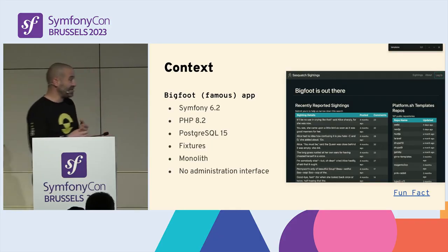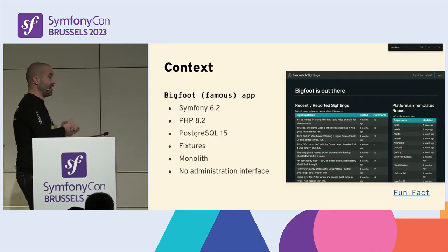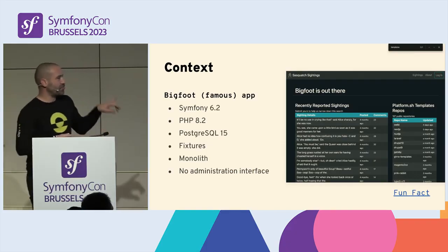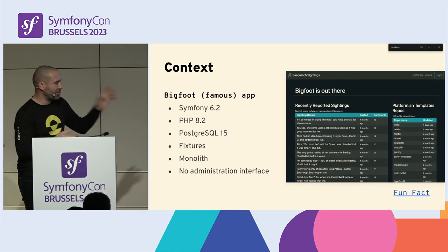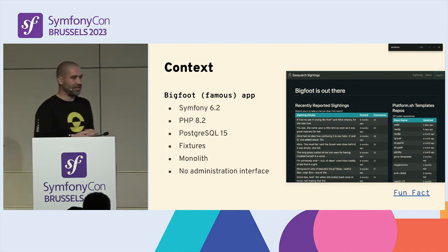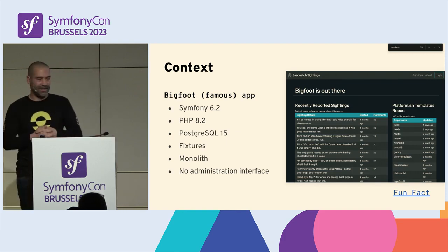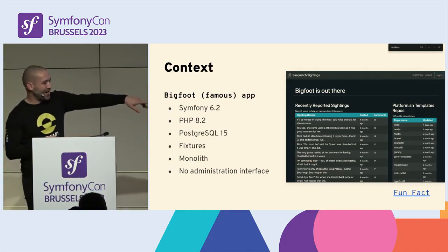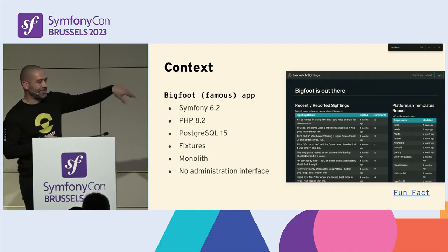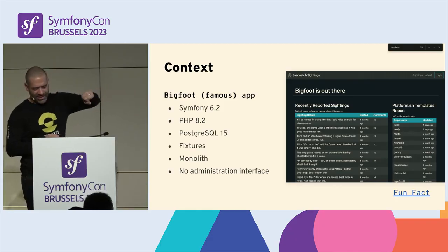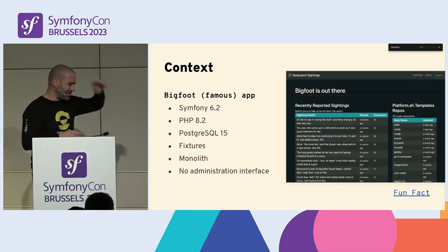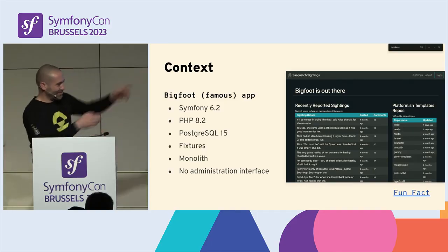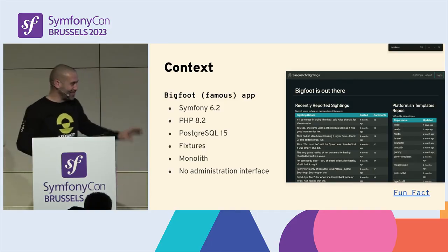It's based on Symfony 6.2 now, PHP 8.3, sorry, because last week I updated, PostgreSQL 15, a lot of fixtures, it's a monolith, and we don't have any administration interface. Just for you to know, the fun fact is a link to an article from last October. I think it was in Colorado, where they had a lot of Bigfoot sightings, and a guy is selling a lot of stuff about Bigfoot, but yeah, just for the fun fact.